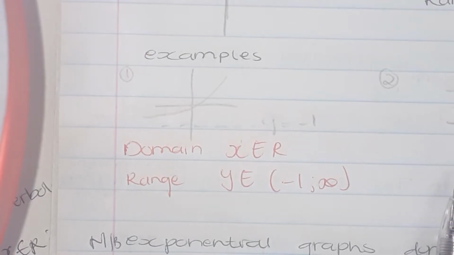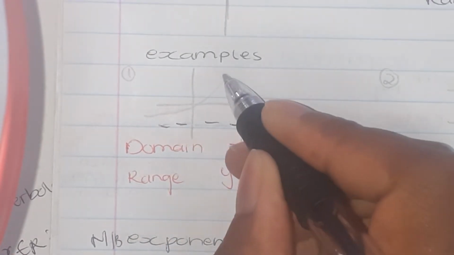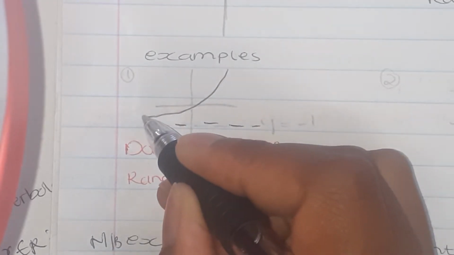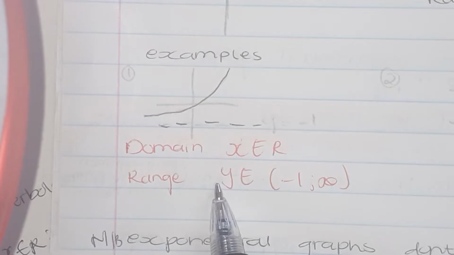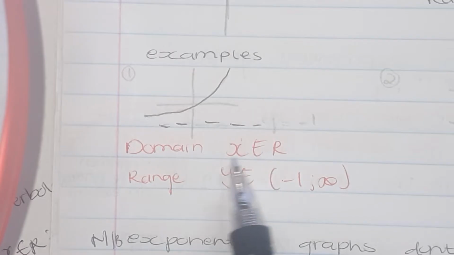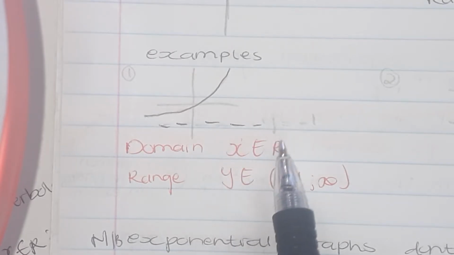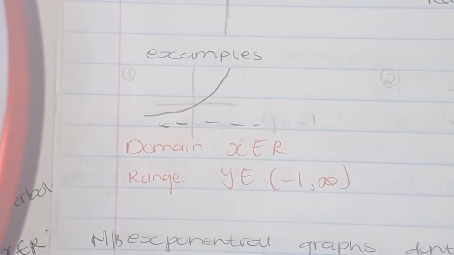This is an exponential graph, right? Here are the asymptotes, and this is the exponential graph. You see? So when they ask you for the domain of an exponential graph, you just say x is an element of a real number, because you can never have an asymptote on the y-axis on an exponential. It doesn't work like that.